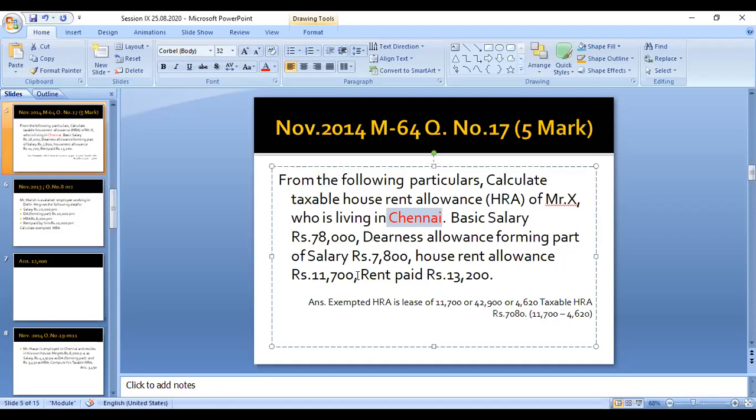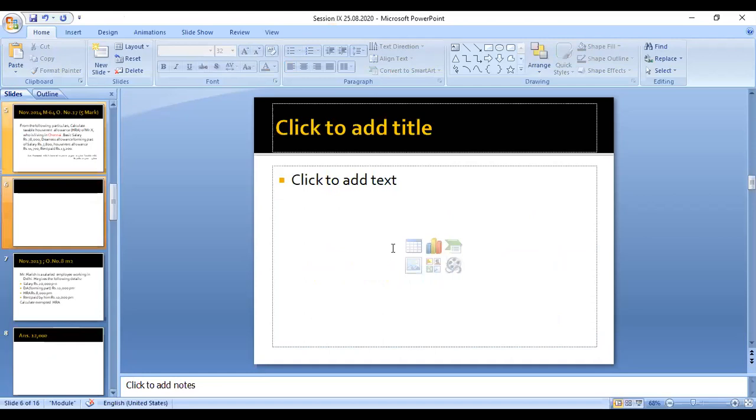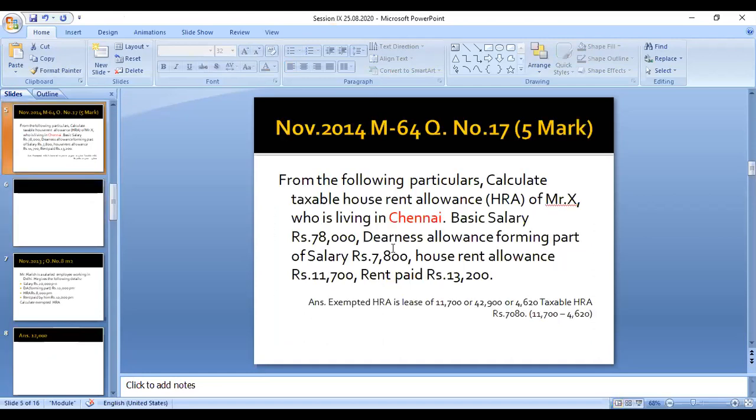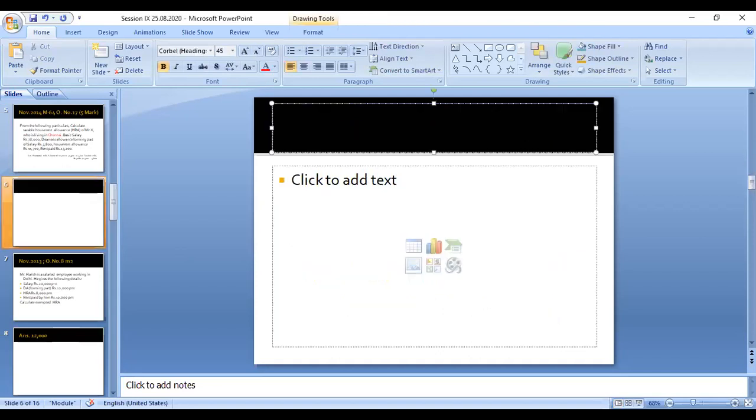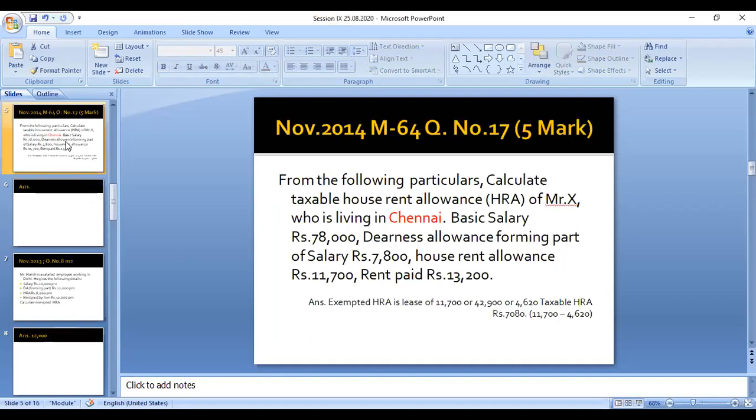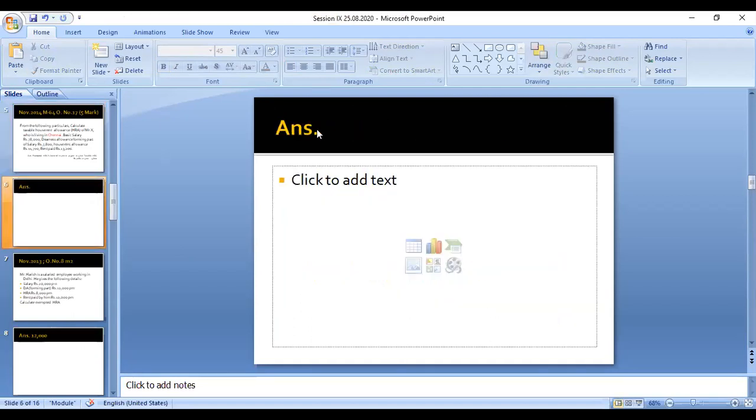Now we can understand that. This problem asks for the calculation of taxable HRA. So this is the answer, and with the answer we can work it out. The answer will not be given in your question paper.